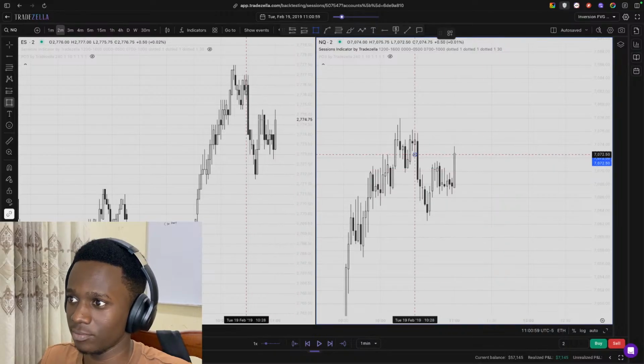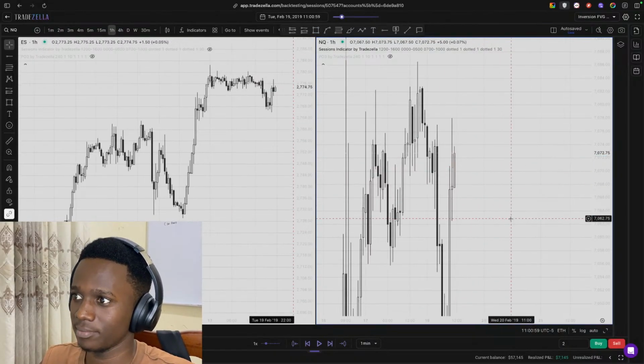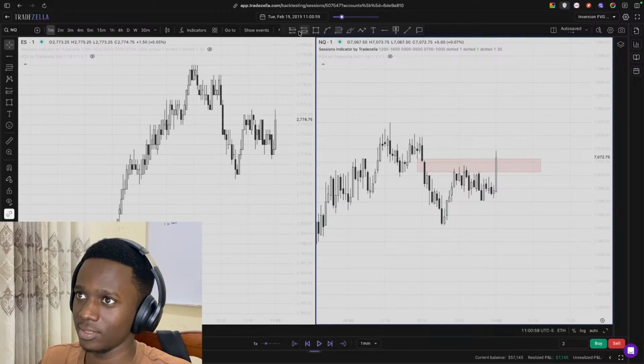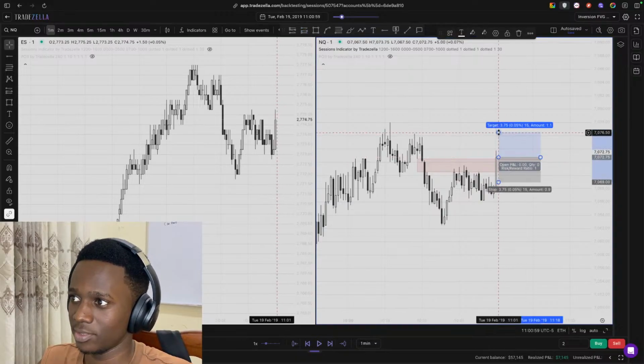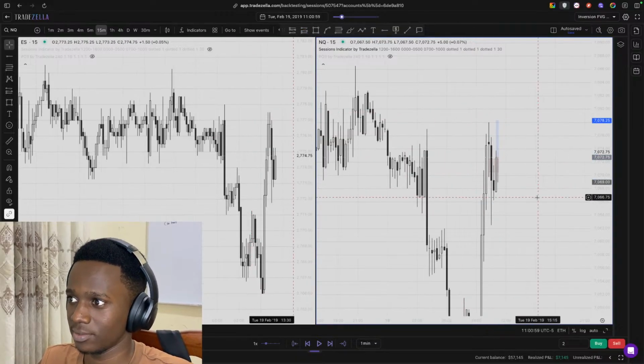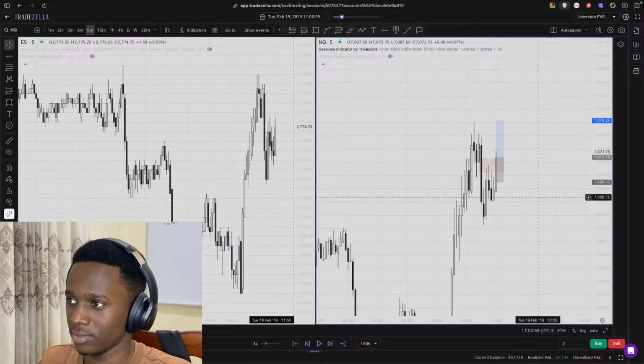Then we get a good inversion from here and the hourly. As price heads higher, we can target it and see if it hits this high, because this is a good rejection.